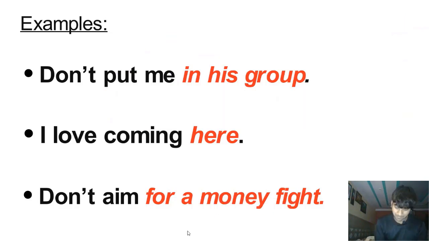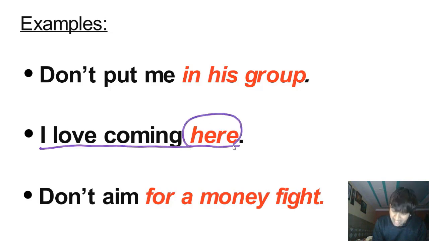Second example, I love coming here. I love coming here. Here is an adverbial. It's an adverb modifying the verb coming, talking about its place. I love coming. Where? Here. Now read the sentence without this adverbial here. I love coming. If I say to you I love coming, the natural question that will come to your mind is where?